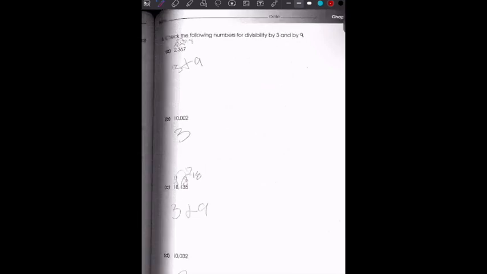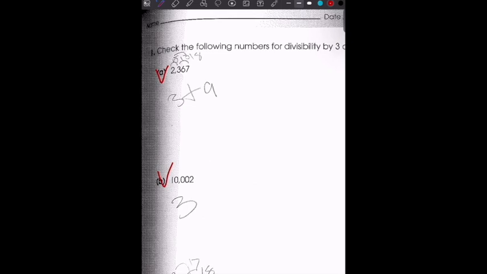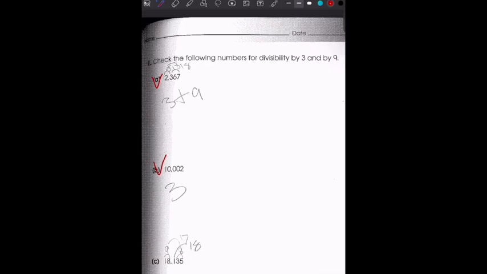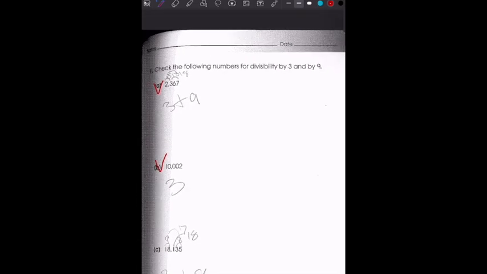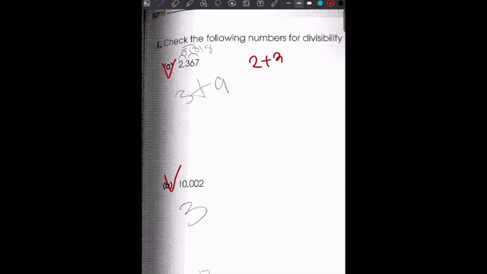Now we're going to solve some practice problems. We're only going to solve a few problems because we have a lot of problems to go through. It says, check whether the following numbers are divisible by 3 and by 9. So we're going to add the digits together to find the sum of the digits. And that is going to be 18.